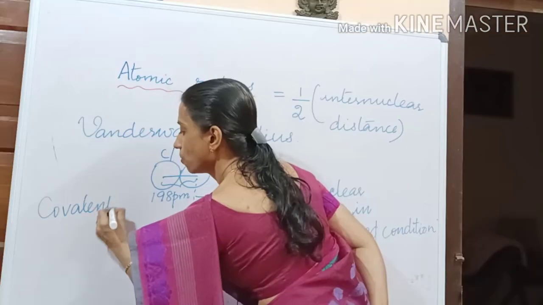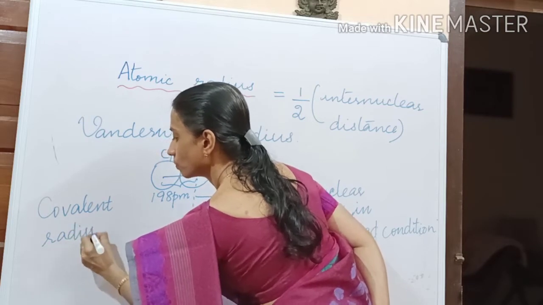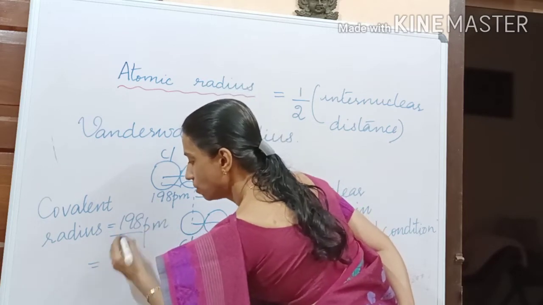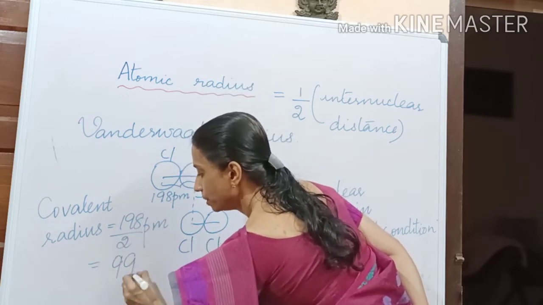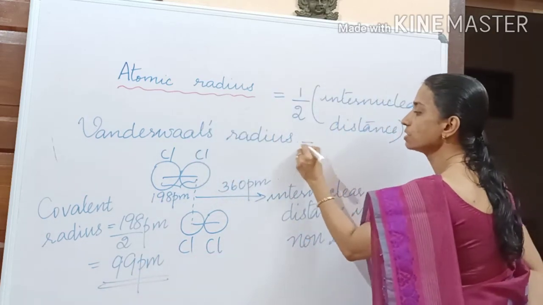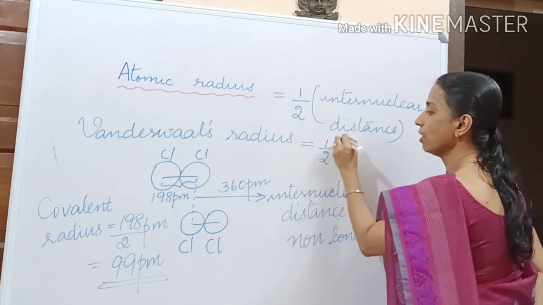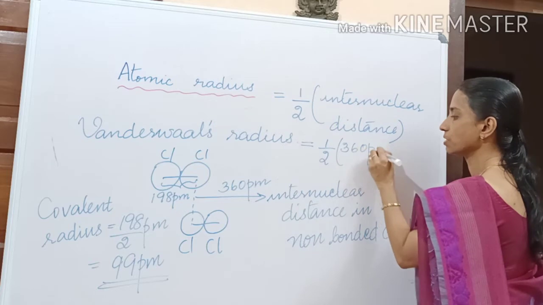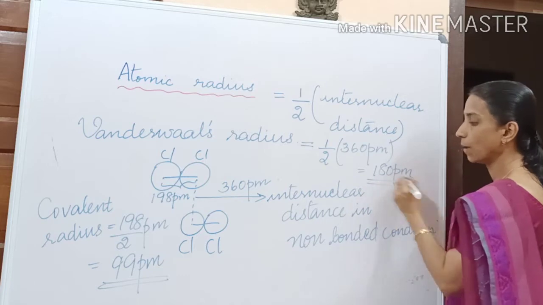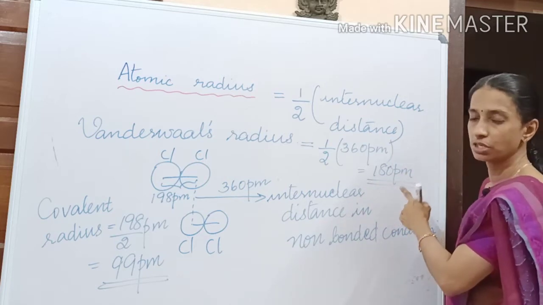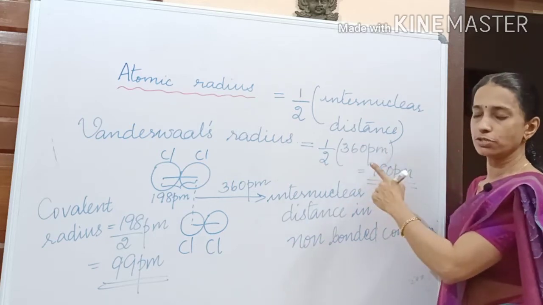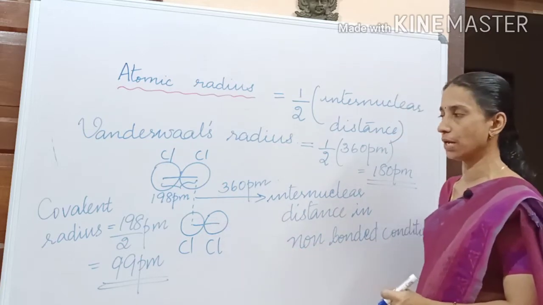Covalent radius is equal to 198 divided by 2 picometers, so that is roughly 99 picometers in the case of chlorine, whereas the van der Waals radius will be half the value of 360 picometers, that is roughly 180 picometers. So 180 picometers is much greater compared to the covalent radius. Always the van der Waals radius is more than the covalent radius.